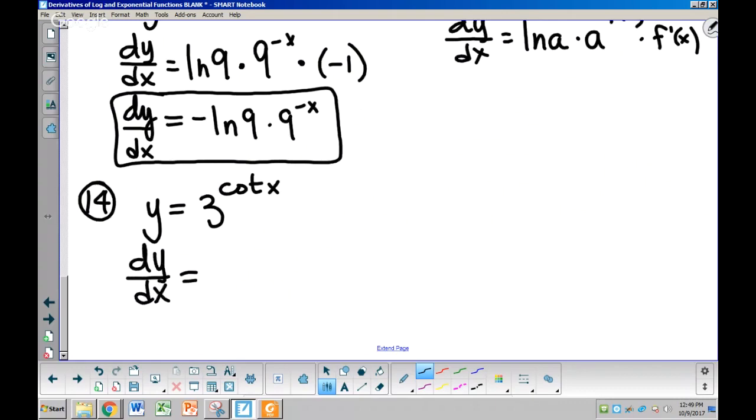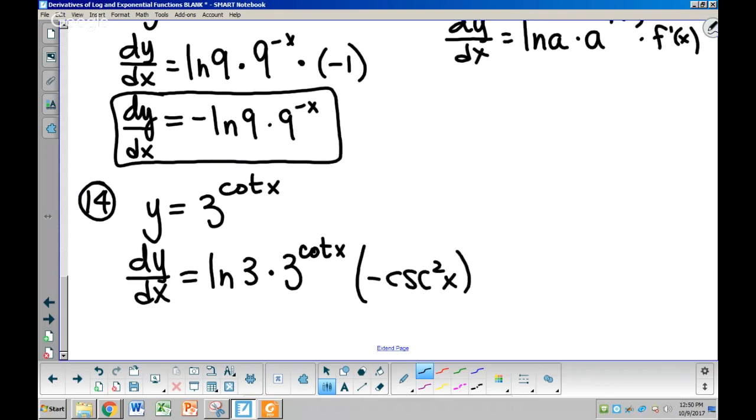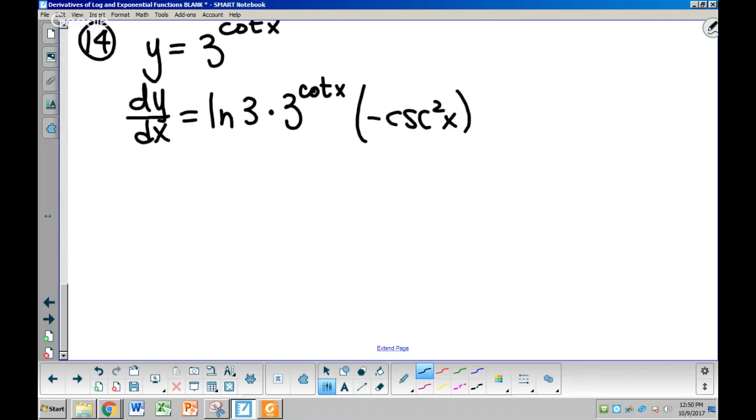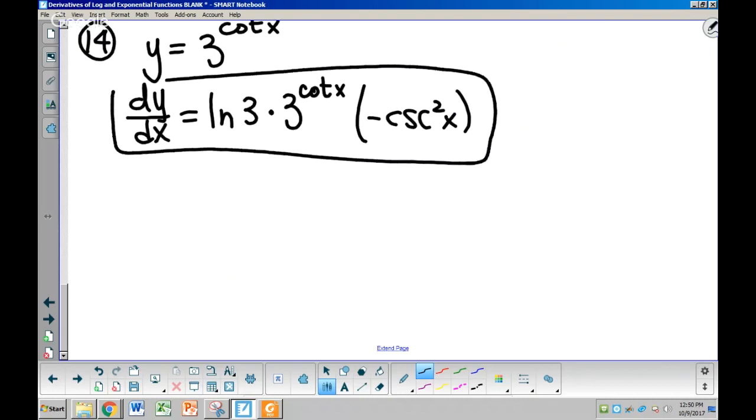All right, dy dx equals natural log of 3 times 3 to the cotangent x times negative cosecant squared x, yes. And I think I would just leave it like that. That's as pretty as it might get there.